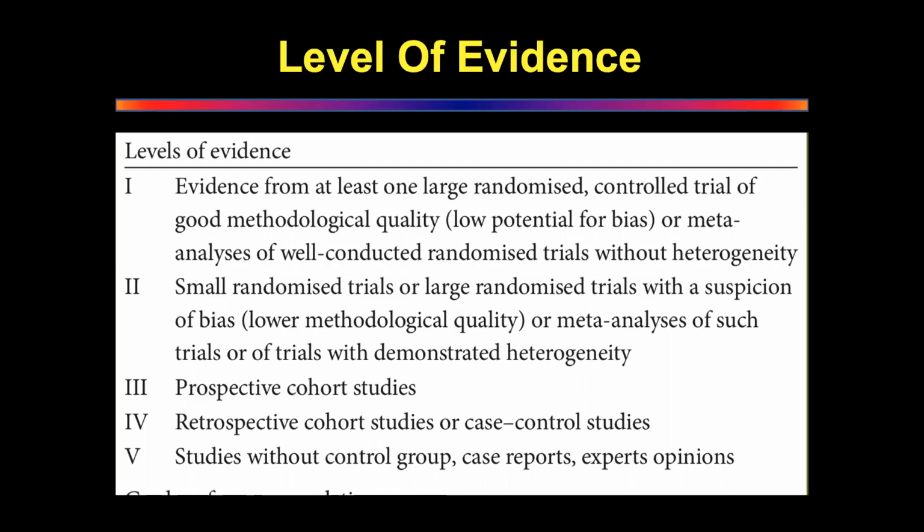Okay, good. So what is A, what is B, what is C, and what is D? So class of recommendation A is basically where there is a meta-analysis of RCTs with very high quality data to prove that the treatment is definitely beneficial and benefit is more than the risk. 2A has a registry study, randomized control trial in the absence of a meta-analysis, high quality data to show that the benefit is definitely more than the risk. 2B tells us that there is no randomized control trial, and there is high quality data to show that the benefit may be more than the risk.